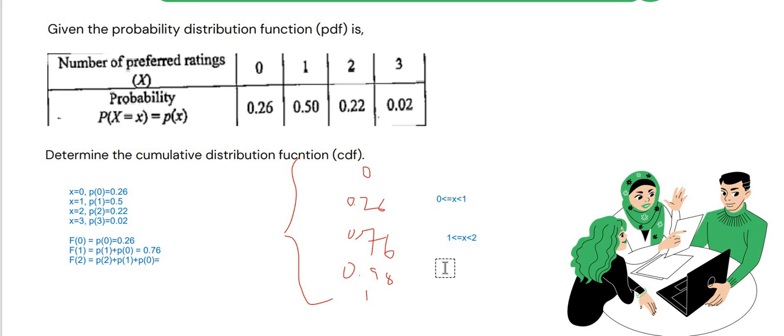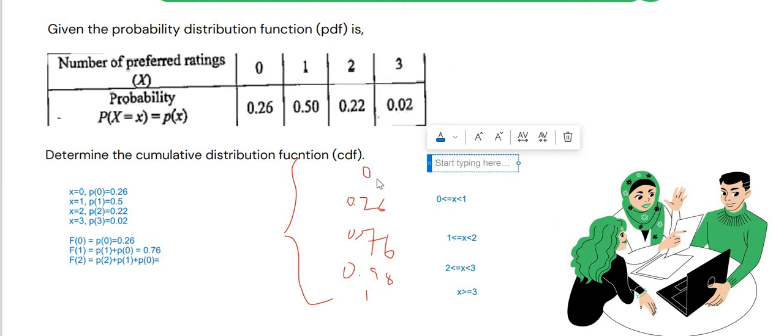The third one, 2 is included, up to 3. And the last one, x is greater than or equal to 3, meaning 3 and above, but we just have up to 3.